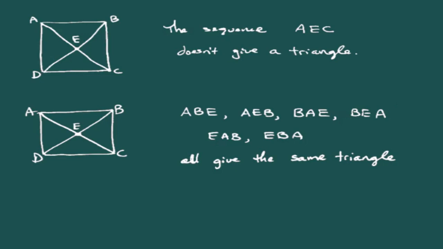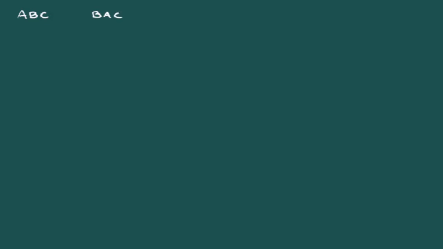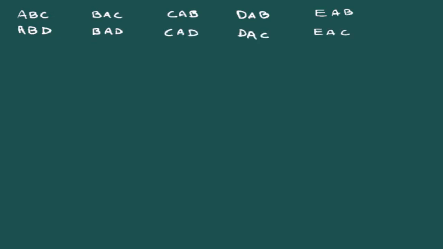For instance, ABE, AEB, BEA, BAE, EAB, EBA, those are all going to correspond to the exact same triangle in our figure. And if we wrote those out, we would see that there are a total of 60 of them, and we might be wondering at this point, is there some better way than this?